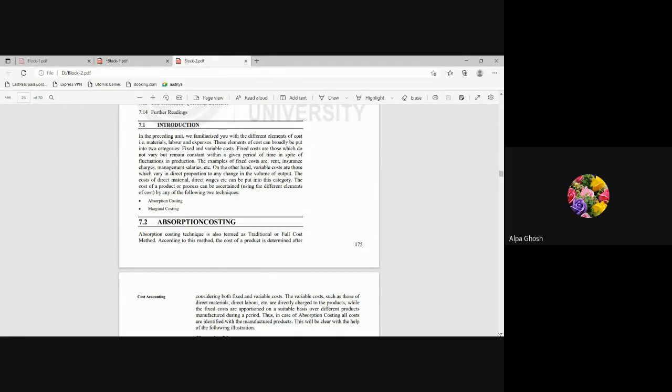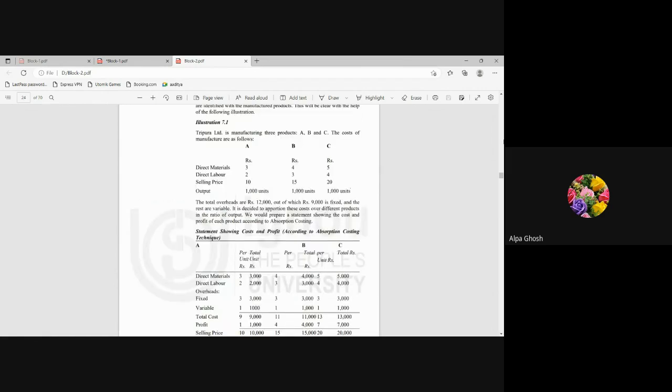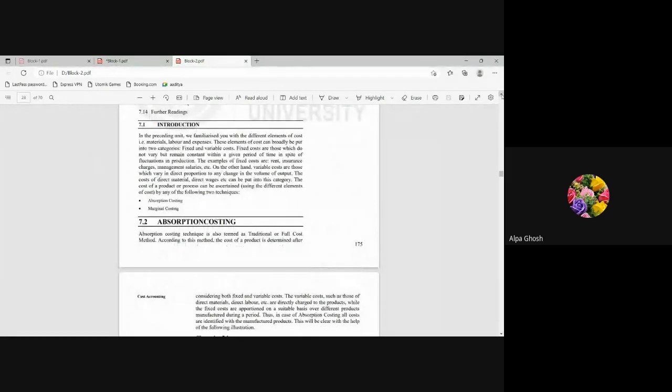Under this method, the cost of a product is found after taking into account both fixed and variable cost. Fixed cost never changes with the change in units of production, but variable cost keeps on changing with the change in units of production.